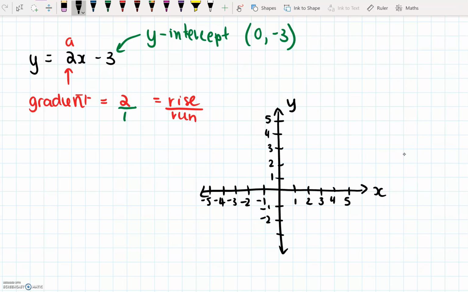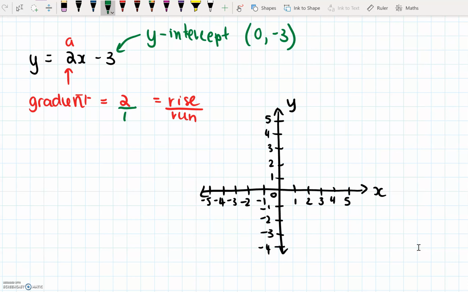Minus 1, minus 2, minus 3, minus 4. And I don't ever want to see anybody do a 0 like this. That's circling the middle, that's not writing a 0. You should always write your 0 just down here somewhere next to where the 0 will be. Okay, so we have our axes.